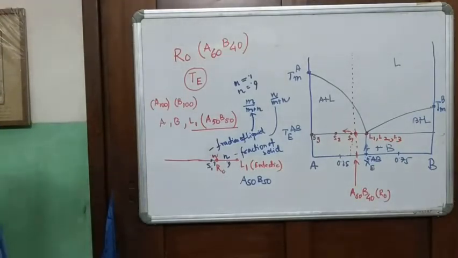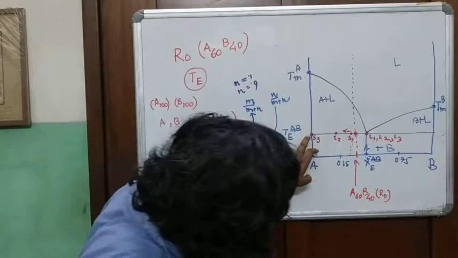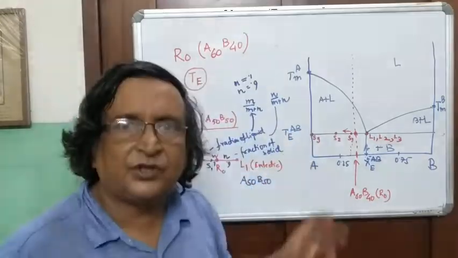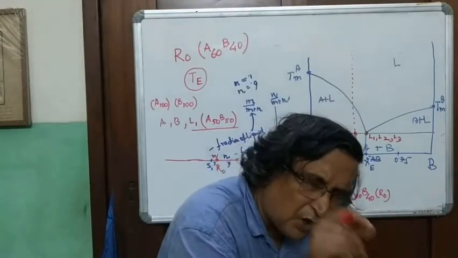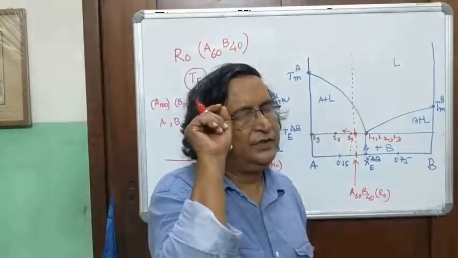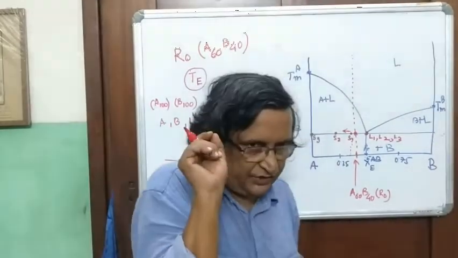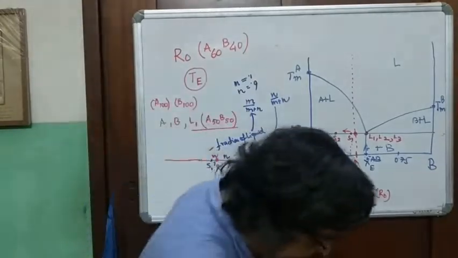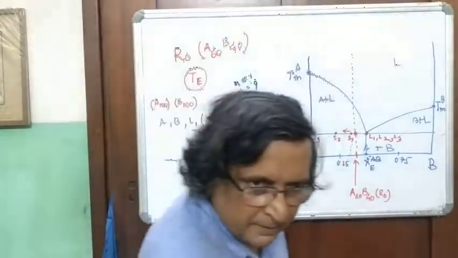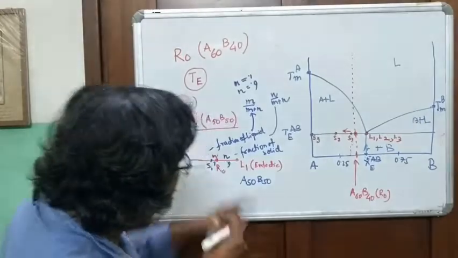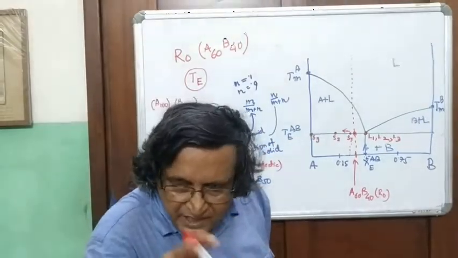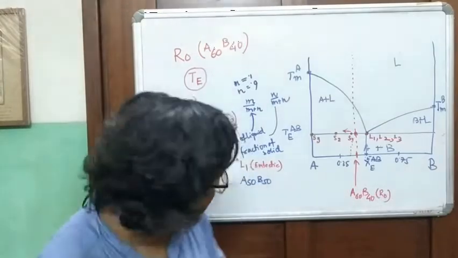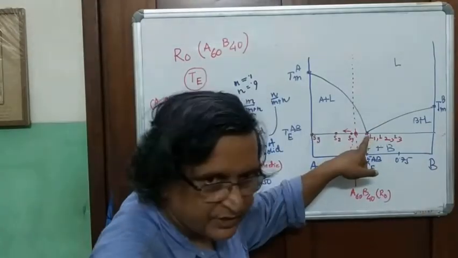Now you say, if it is S3, imagine just before reaching S3, we are there, just one little movement. Before that, A and B should be in equilibrium with the liquid, because the liquid has to be a eutectic.